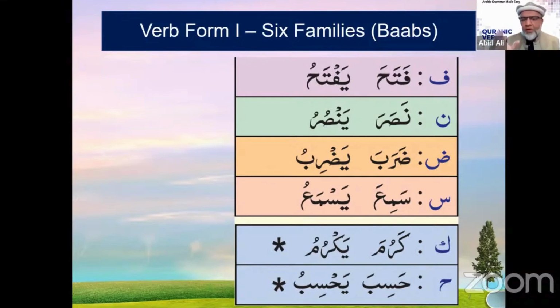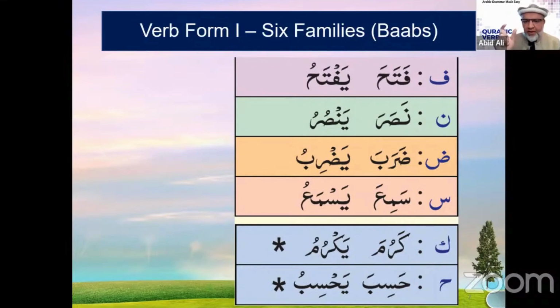Now look at what happens in the Fataha family. First, we have the Madi, Fataha, Siga number 1. When we are learning the verbs, we're always looking at Siga number 1 as our learning point, and then we know how to make the variation. So look at Fataha, Yaftahu. What is the haraka on the Ain Kalima in the Madi? Fatha. What is the haraka on the Ain Kalima of the Mudare? Fatha.